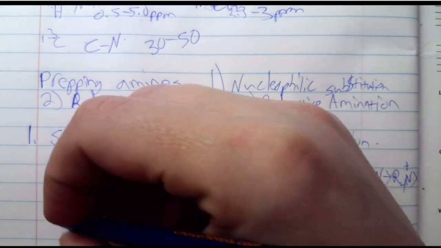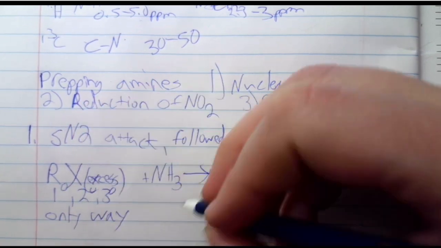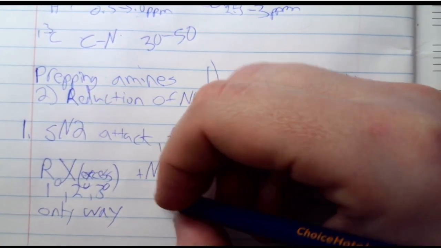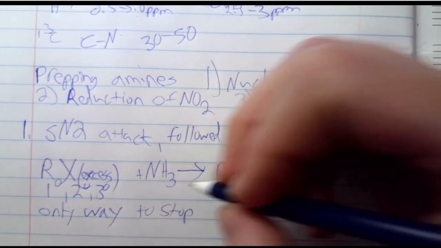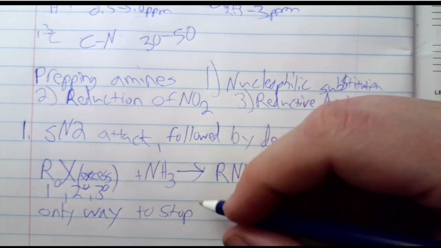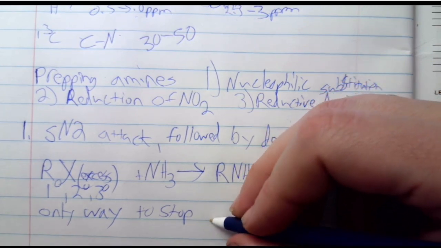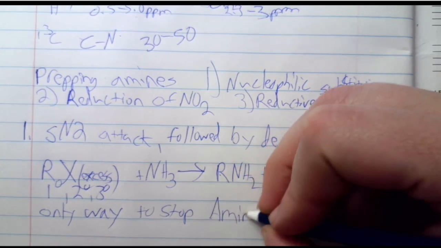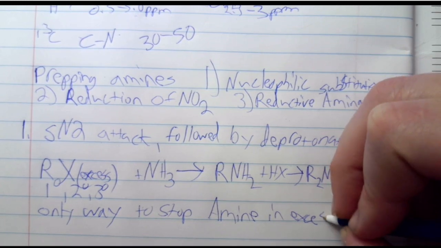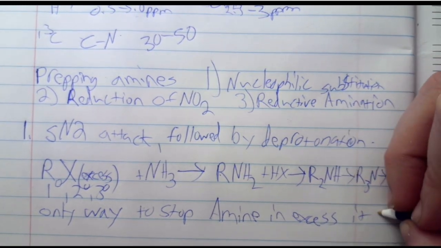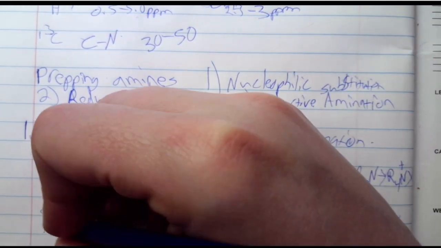So the only way to isolate just one product is to limit the amount of amine, to control the amount of amine. If we have amine in great excess, it stops after one addition.